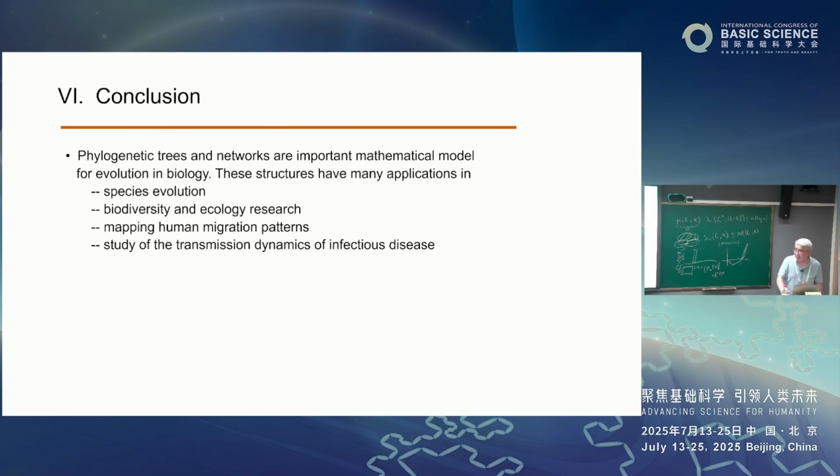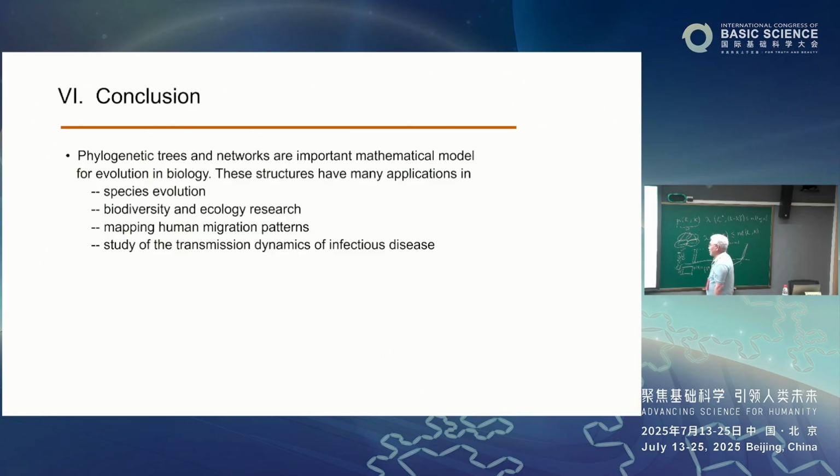Okay, I think I should stop here. Basically, these phylogenetic trees and networks are important for evolution study. This structure has many applications in studying the evolution of species, the biodiversity of ecology research, and also mapping human migration patterns.